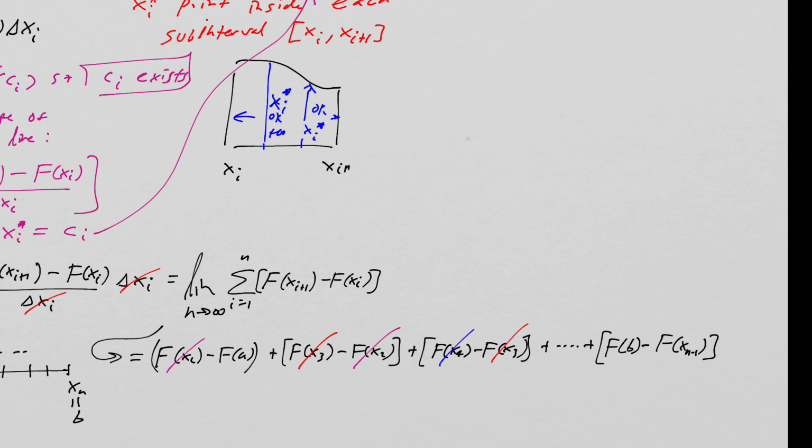The x4, that'll cancel, all that stuff will cancel, and there'll be two terms. There'll be an f of b and a minus f of a. Those are the only two terms that don't cancel.